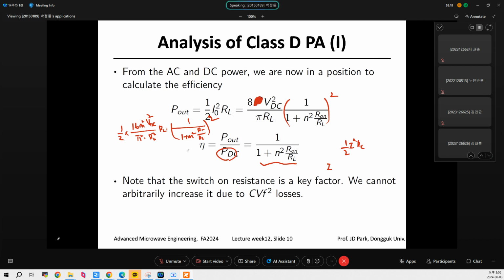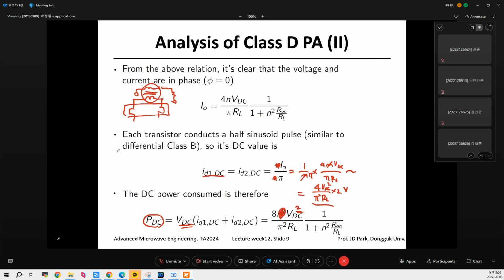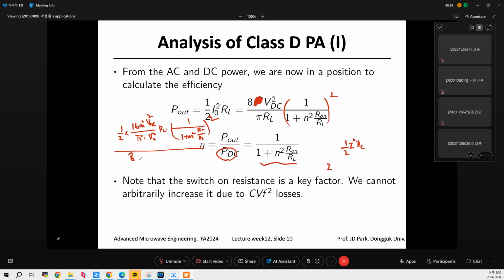So what is P out? This, right? This divided by PDC, right? PDC is previously this, right? So 8 VDC square pi square RL, right?